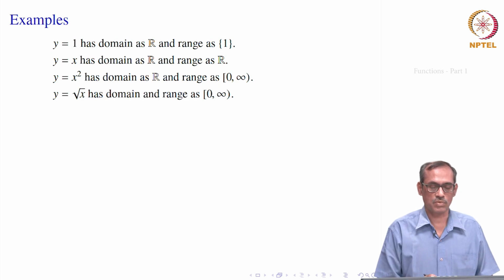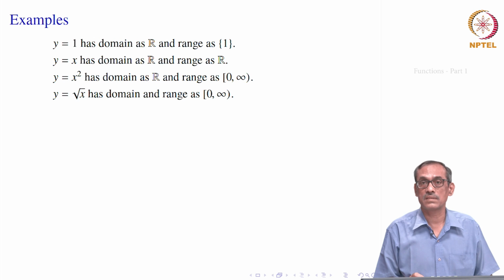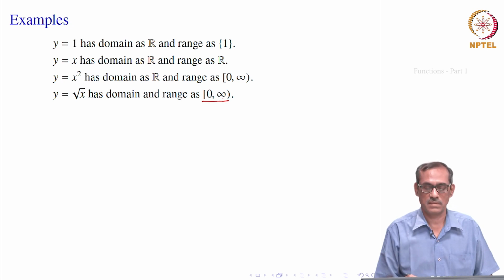If you take y equal to square root of x as another function, now this is not defined for every real number, because square roots of negative numbers are not defined. Only square root of positive numbers and square root of 0 are defined. So, its domain is the set of all non-negative real numbers.